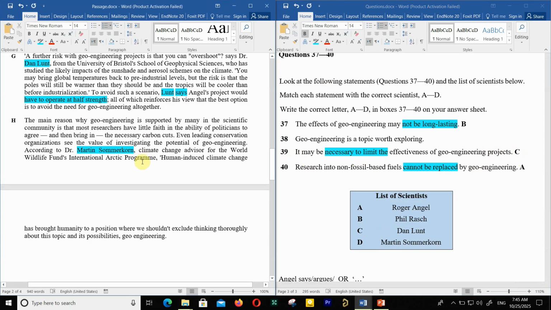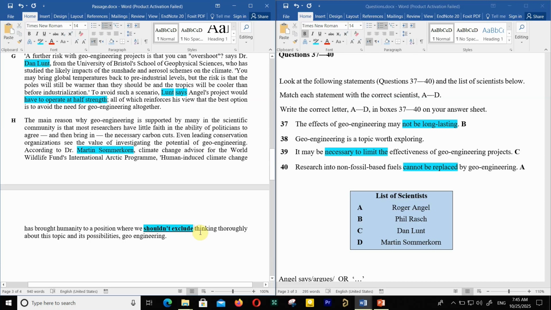Now, the last one, Dr. Martin Sommerkorn. Here is the statement for this person. Human-induced climate change has brought humanity to a position where we shouldn't exclude thinking thoroughly. This is a great thing to notice in the IELTS exam.